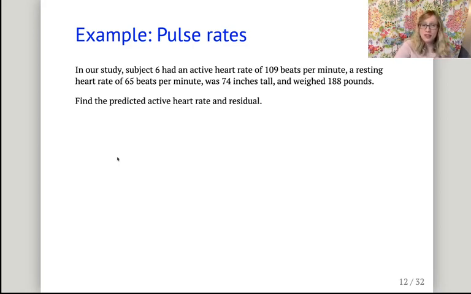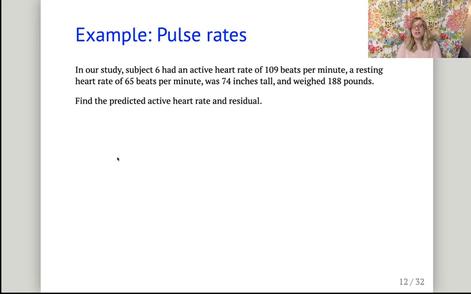Interacting with this model works just like it does in linear regression. For example, to make a prediction, we'll just plug in our x's. The only thing we now need to keep track of is which x goes where. So for our study, subject 6 has an active heart rate of 109 beats per minute, a resting heart rate of 65 beats per minute, was 74 inches tall, and weighed 188 pounds.